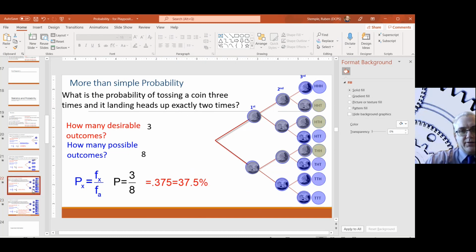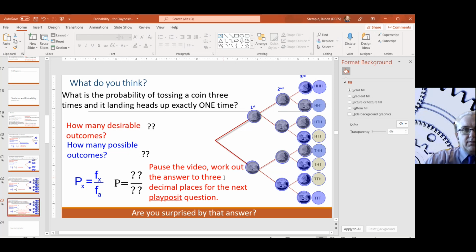So up here, I had you doing it exactly 2 times and it was 3/8. I'm going to pause the video, or the video is going to pause on its own, and I want you to work out the probability of it landing heads up exactly 1 time. So look at the experimental tree, etc. Work that out. Pause the video if you need to so you can see it on your screen, and then you can work out the answer.